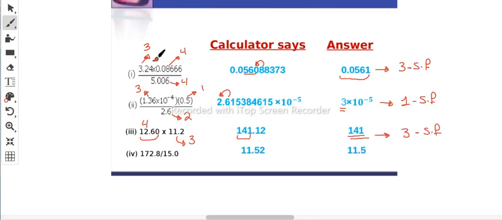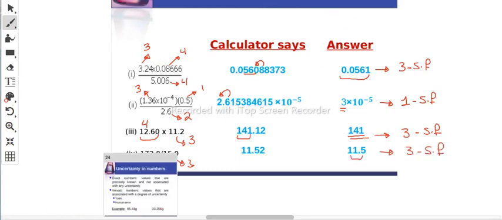For 4, you're going to divide. You have 4 significant figures. You have here 3 significant figures. So your final answer should be 3 significant figures only, taking into consideration the fewest number presented.